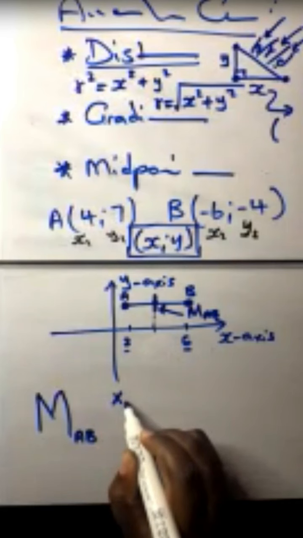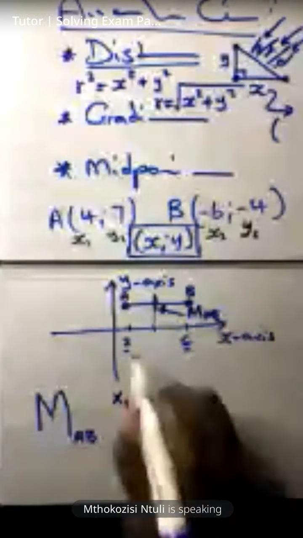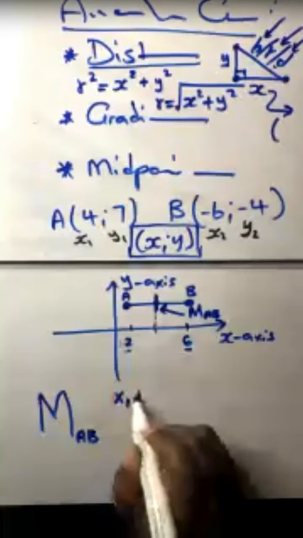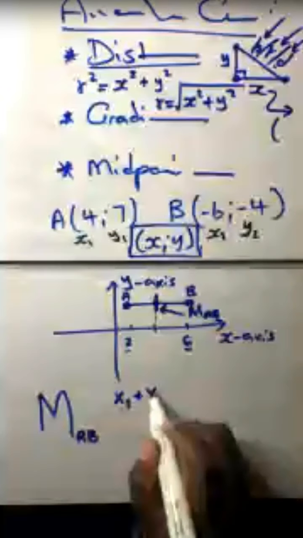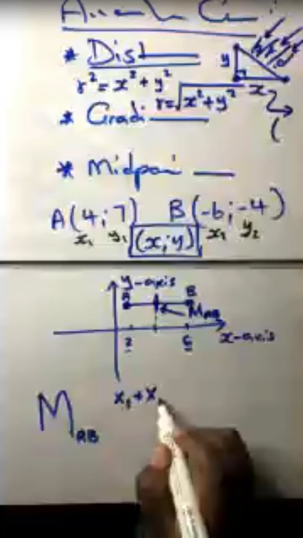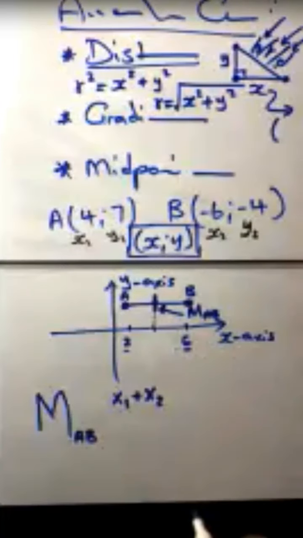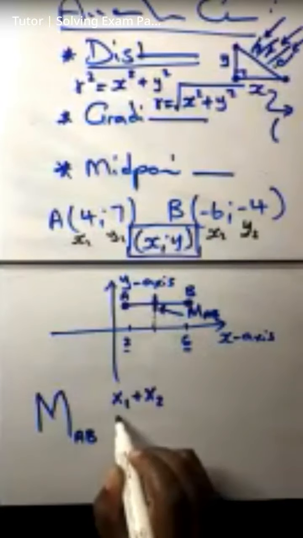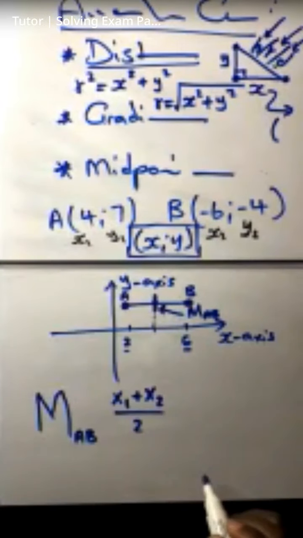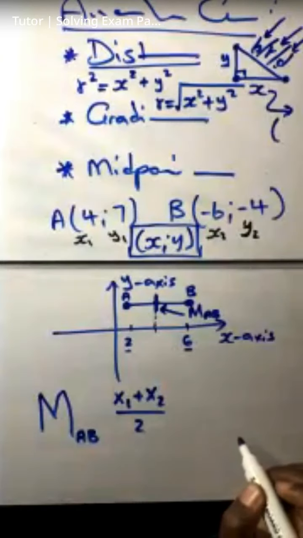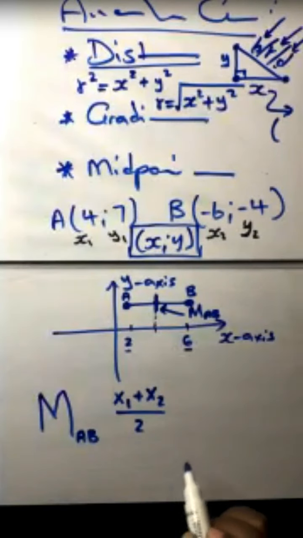So that means it's x number 1, which is 2. You add x number 2, which is 6. Then you divide that by 2. So that is how you get the x value of the midpoint.